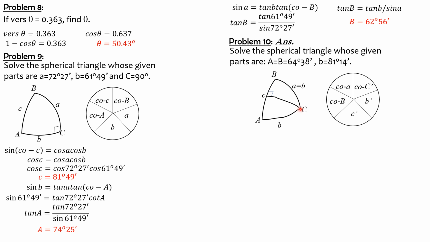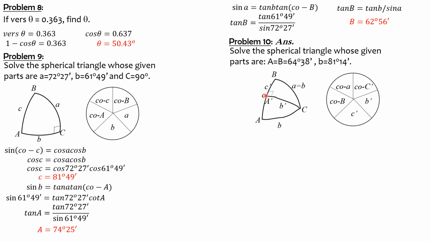Then this is the angle that will divide angle C, and I will call this vertex also C prime. This is B prime, this is C prime. So I'll call this A prime, which is 90 degrees, then B prime, and side C prime.